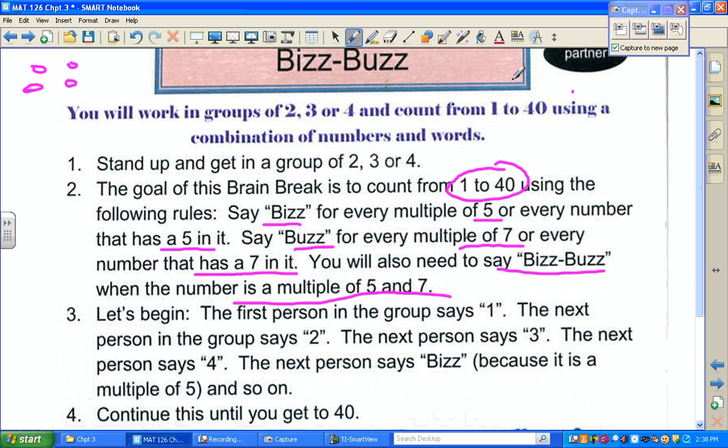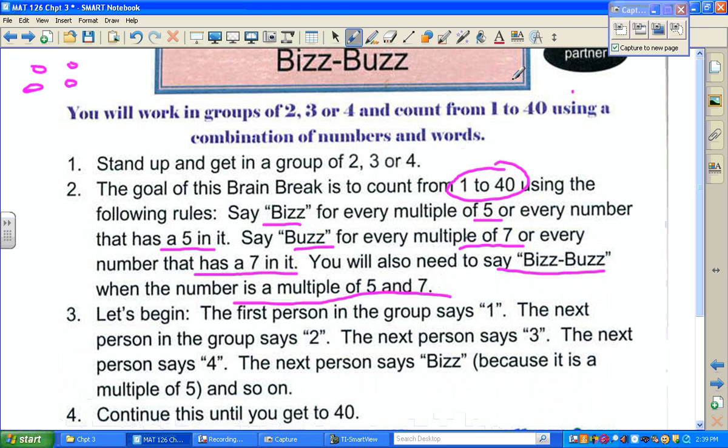Now the idea of the game is you have to be the one group that does it correctly all the way to the end of 40. Some groups can't do it for some reason. They can't function. So, yeah, you say biz or buzz in place of the numbers. Okay? All right, here we go. Ready? Go ahead. Do 2 numbers at a time.